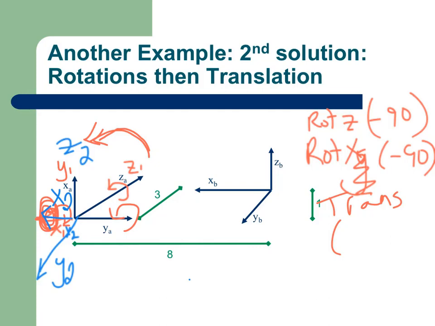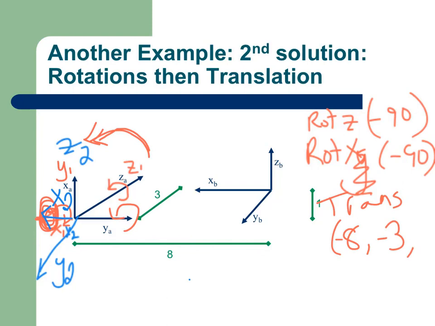And since the x2 axis is pointing to the left and we need to go the other way, the translation is going to be -8 units along the x2 axis, because everything is relative. The y2 axis is the in-out axis, pointing towards me out of the screen, but we need to go backwards, so that's -3.